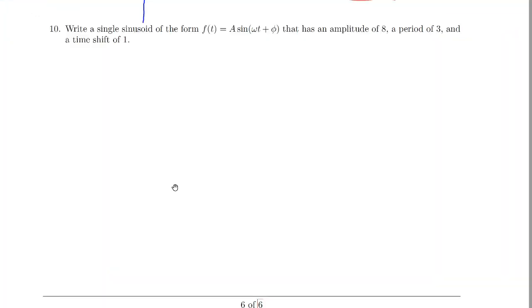Write a single sinusoid of the form given that has an amplitude of 8, a period of 3, and a time shift of 1. So I would have f of t. I know my amplitude is 8. Sine.